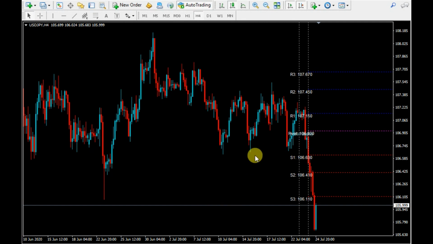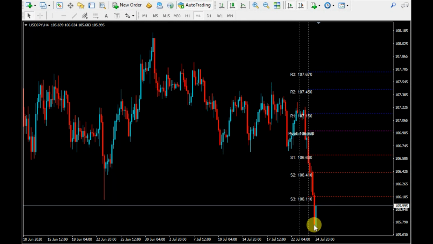So now over here, first I'm gonna show you guys what support and resistance look like when you download some tools from the MQL5 market. So here is one of the tools. There are plenty of them. It's not like there's one you must download or not download.